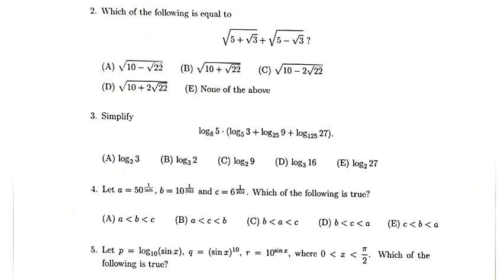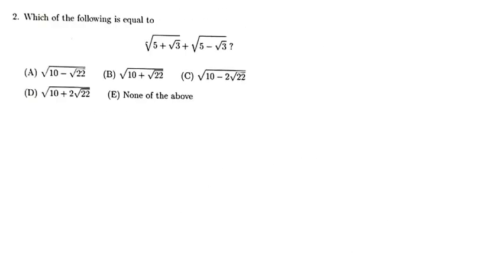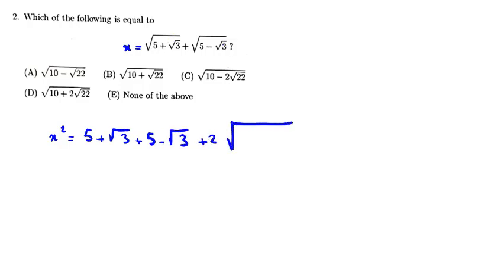SMO 2020 senior section first round problem number 2. Which of the following is equal to this? We consider this term, let me write with blue, this term equals x. If I consider x squared, then I have 5 plus root 3 plus 5 minus root 3 plus 2 times this, which will be 25 minus 3.